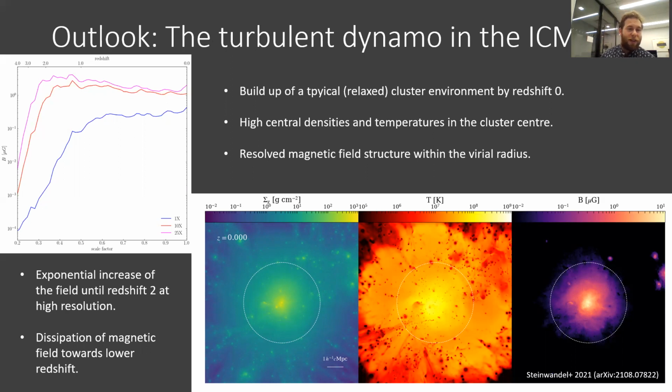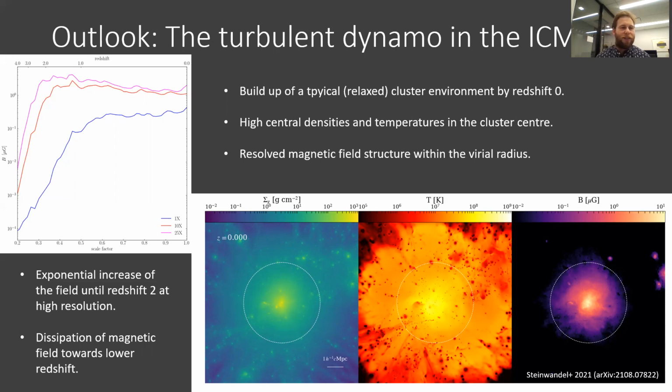What you can see very nicely is that we get suppressed magnetic field growth in the 1x case, which corresponds to, let's put a number on this, a 0.7 gigayear e-folding time, for instance. What works better is when you go to higher resolution and resolve more of your turbulent cascade in the ICM. So you resolve more of your small-scale motions, and then you also saturate earlier.